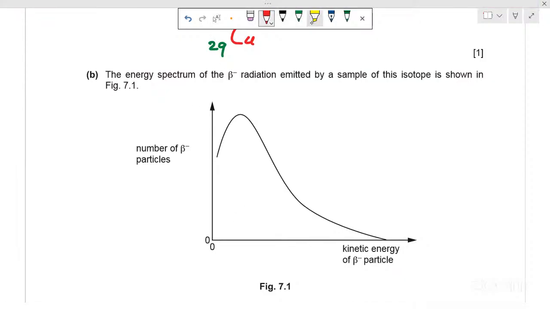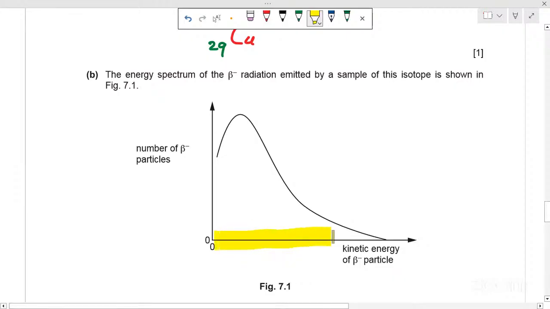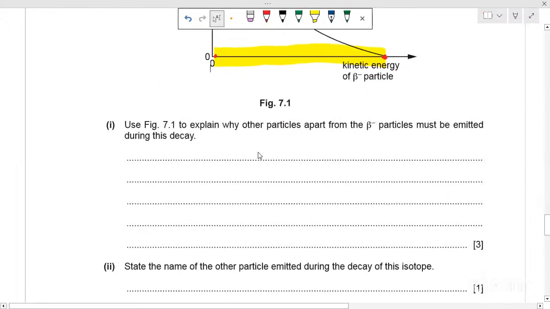The range means the kinetic energy lies from this value to that value, so any kinetic energy between these two values is possible. So there is a continuous range of kinetic energy of these beta particles. Let's see what the examiner expects.